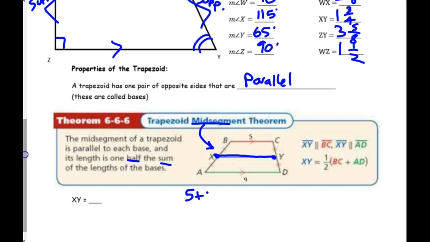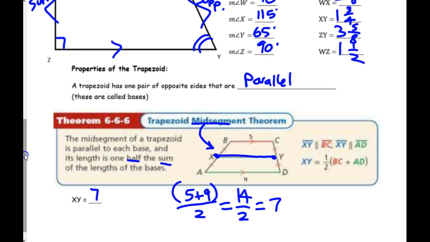So 5 plus 9 divided by 2. So 5 plus 9 is 14. Divided by 2. It's literally halfway between 5 and 9. You get 7, okay? So that's a basic version of the mid-segment that we're going to get more practice on as it comes.